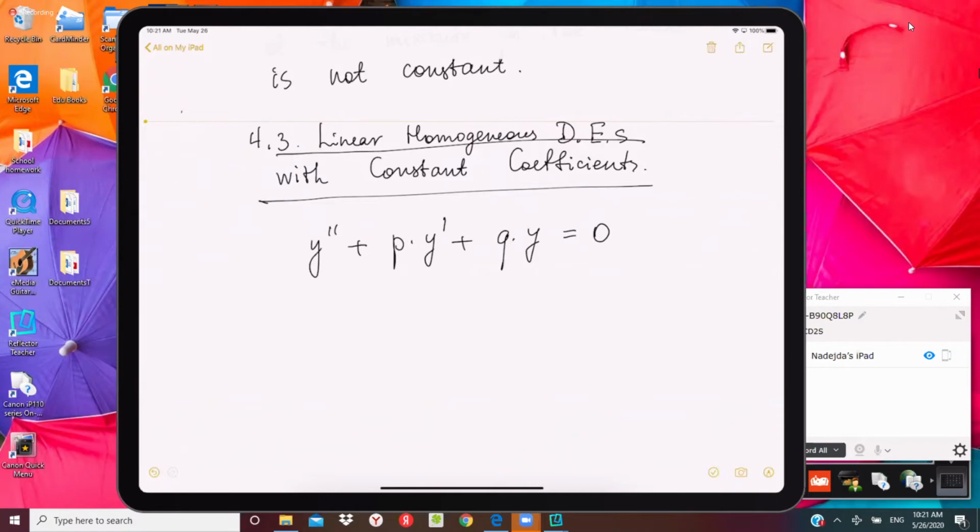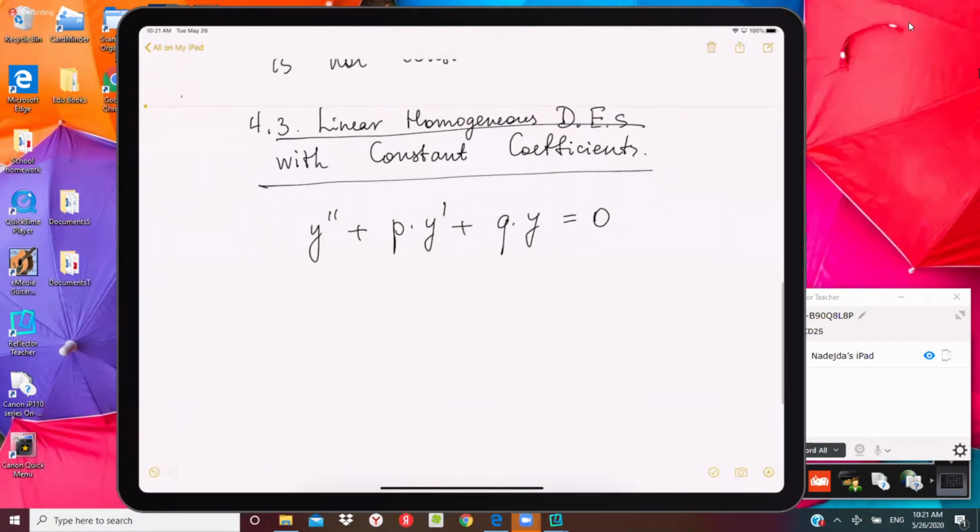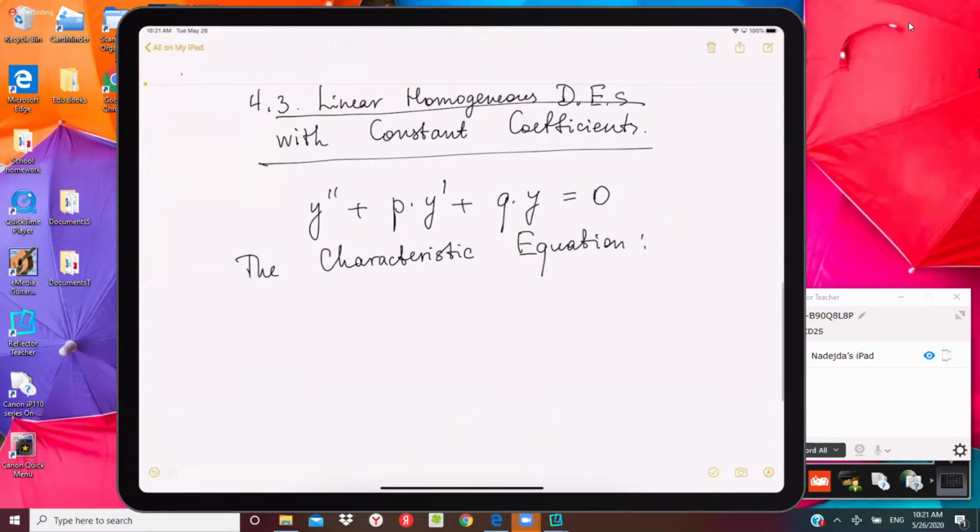Excellent. So the first step is to build the characteristic equation. So please notice how I'm going to build it.